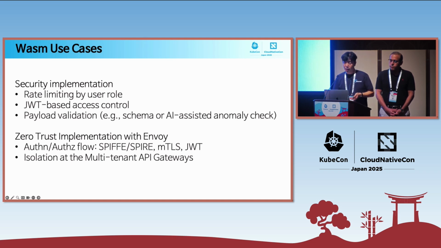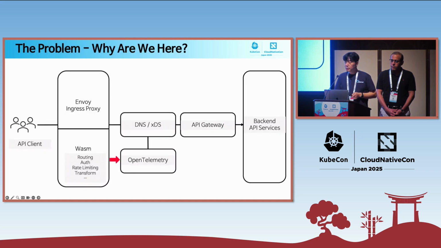Right now, they have some more improved features like security implementation with Envoy, such as support for SPIFFE/SPIRE, mutual TLS, JSON Web Token, and isolated API gateways in a multi-tenant environment. So as I mentioned, we can have monitoring features here, and my co-speaker will talk about the observability part.